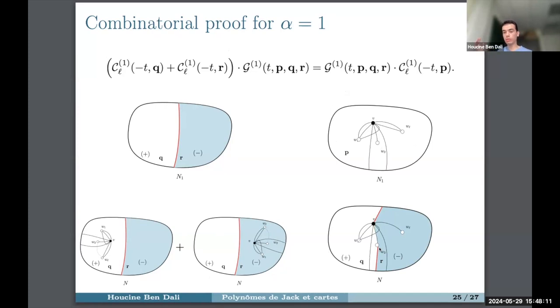We can have some part in the plus side and some part in the minus side, except that there is some inclusion-exclusion argument, which is related to the fact that we have minus t here. So each time we add an edge with a minus, all these kinds of maps just cancel out, and we obtain just these maps for which the black vertex is either completely on the plus side, or the minus side. And this finishes, very briefly, the combinatorial proof of this differential equation.